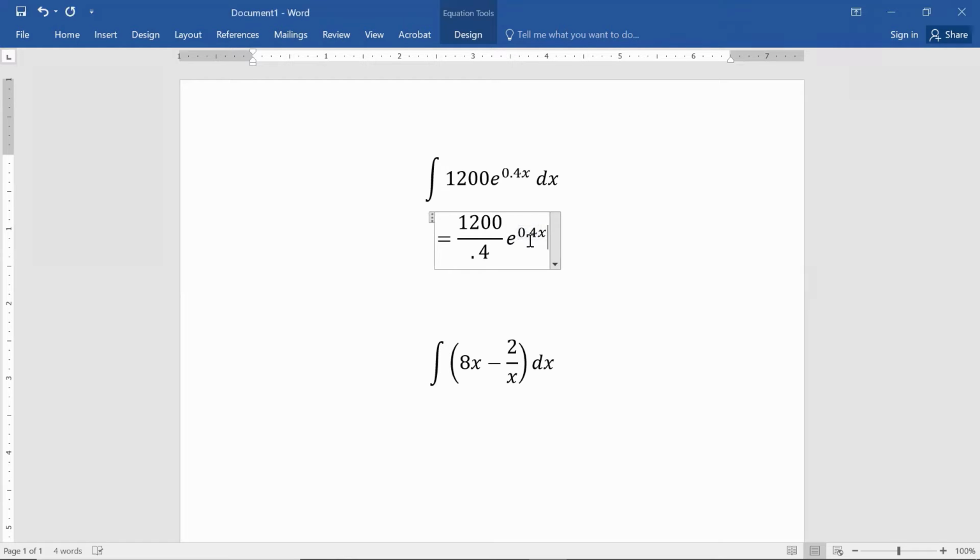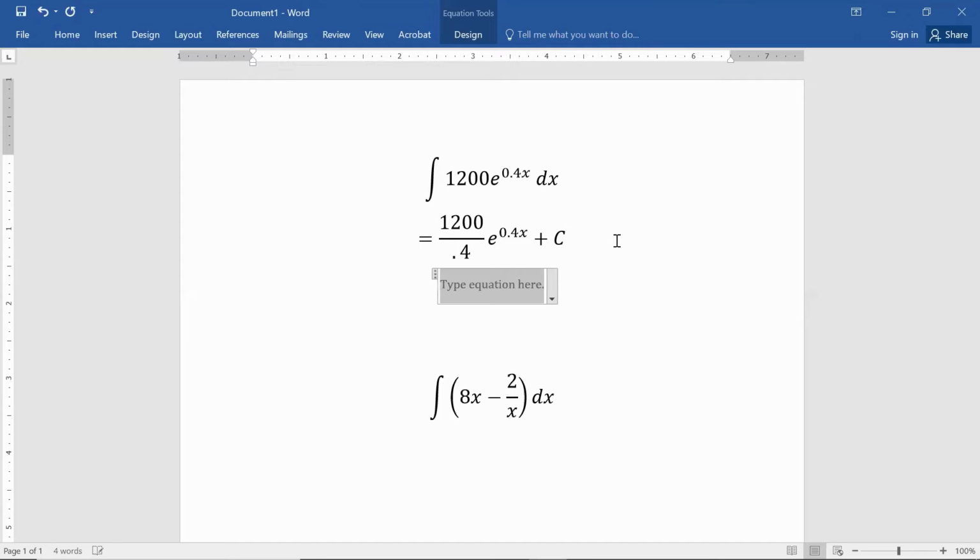Once I've done that, I have to tack on a plus c because we're finding all antiderivatives. So all antiderivatives are going to be equivalent to 1200 divided by 0.4 e to the 0.4x plus c. 1200 divided by 0.4 is 3000.